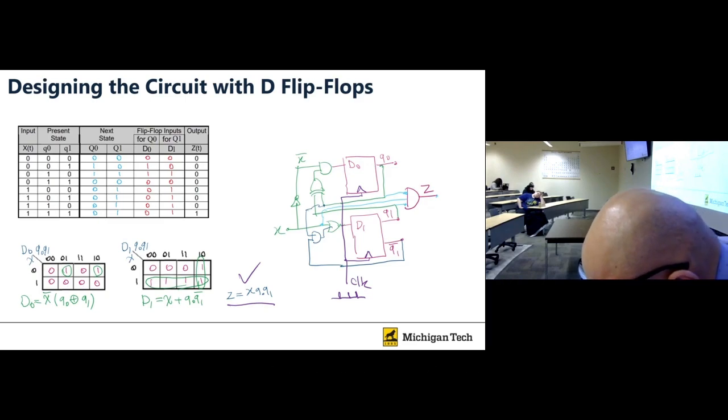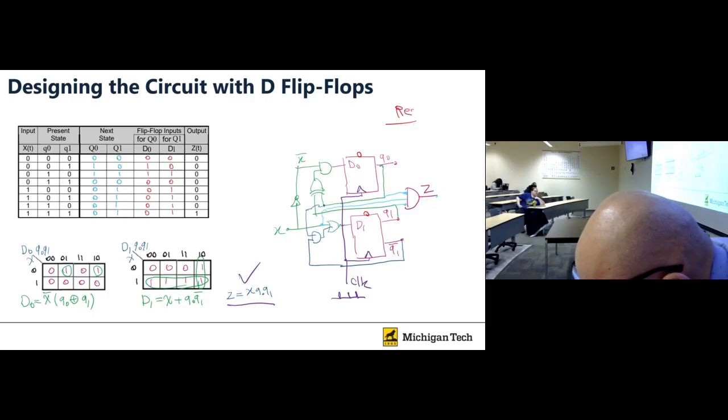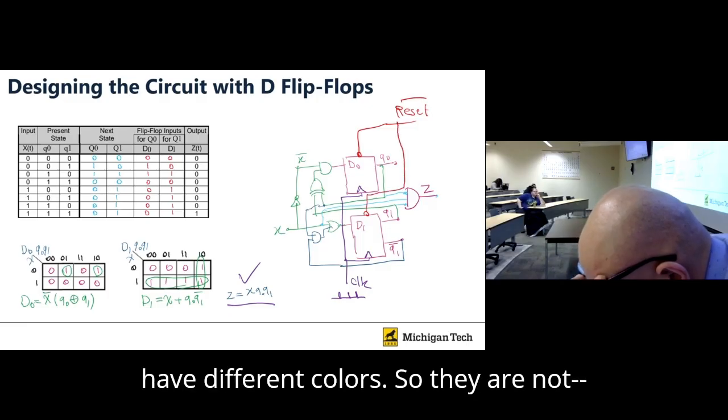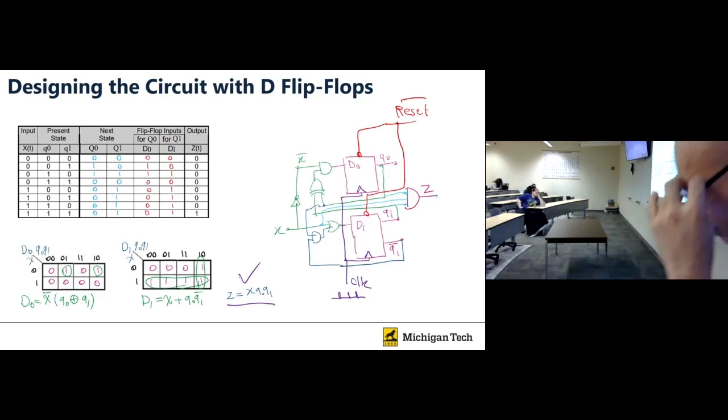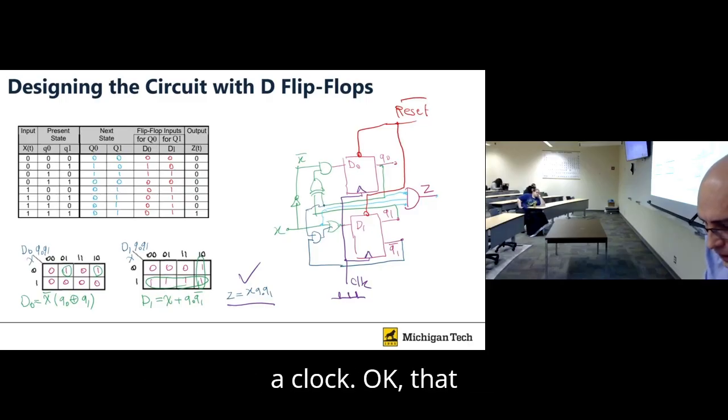Let's put reset here. Okay, reset is active low, so we need to put a one here, and go in this. That's fine because I have different colors, so they are not connected. They are just passing each other. Okay, so that's a reset and that's a clock. Okay, that was the D flip-flop.